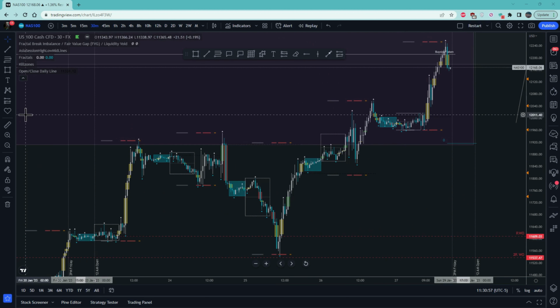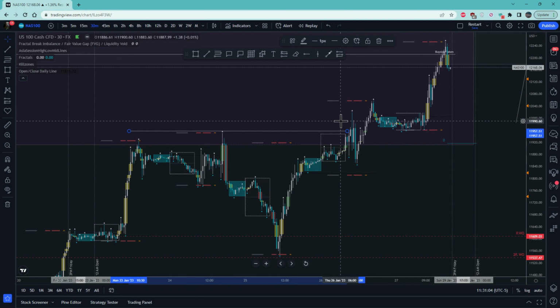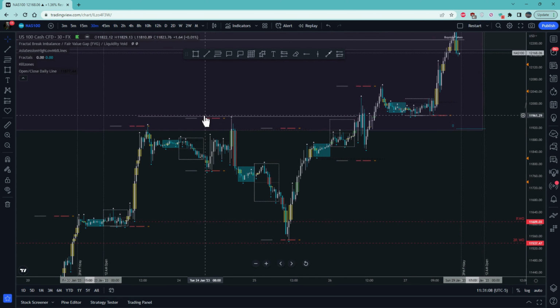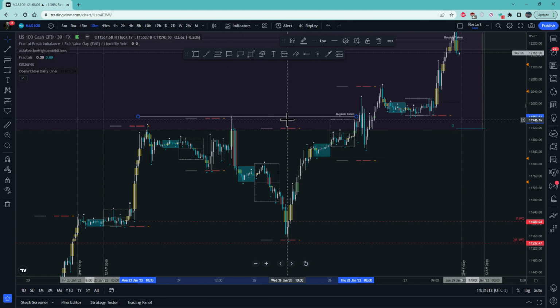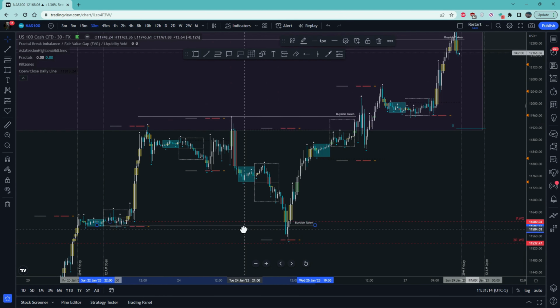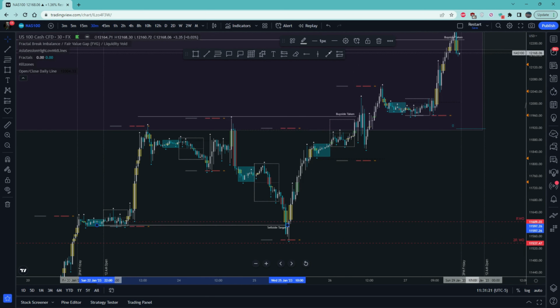Something else to note is that as the market traded down here, we would have had buy side liquidity building up here. And as you can see, this was taken. So essentially the market succeeded in capturing major sell side and major buy side liquidity during the course of its trading this week.